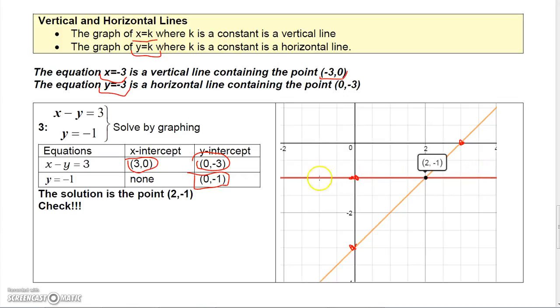Now when we solve this, you already knew the y value. The y value was basically given in the second equation to be negative 1. So we know that y is negative 1, and we just need to figure out what the x value is. If you look at the intersection, you can see the x value of the point of intersection of these two lines is 2. So the solution would be (2, -1).